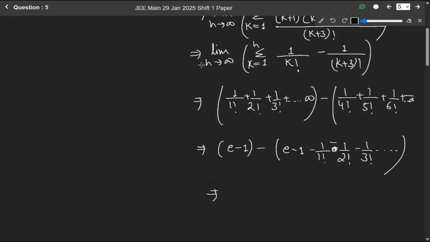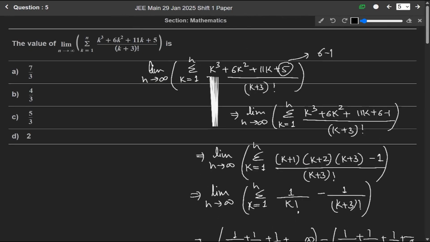So we get 1 plus this 1 by 2 plus 1 by 6. We'll take the LCM of 6 and 2, so it will be 10 over 6. So it will be 5 over 3. So our answer is 5 by 3, which means option C is the correct answer.